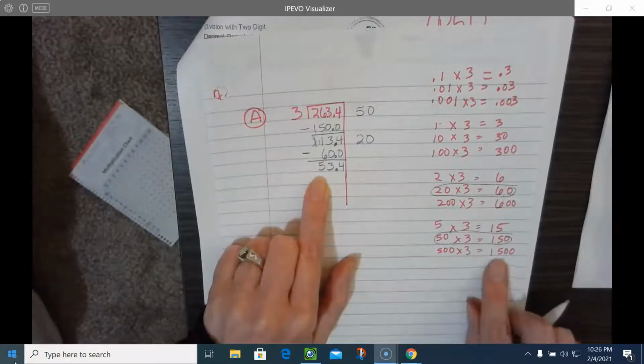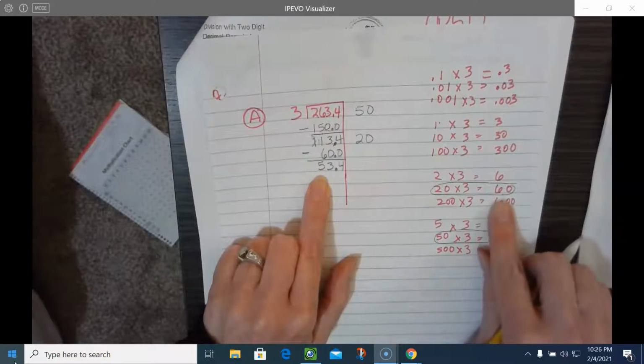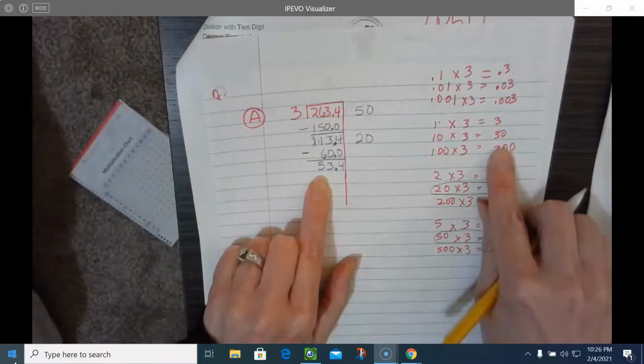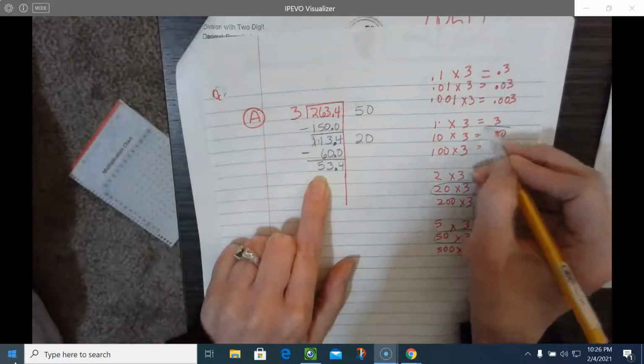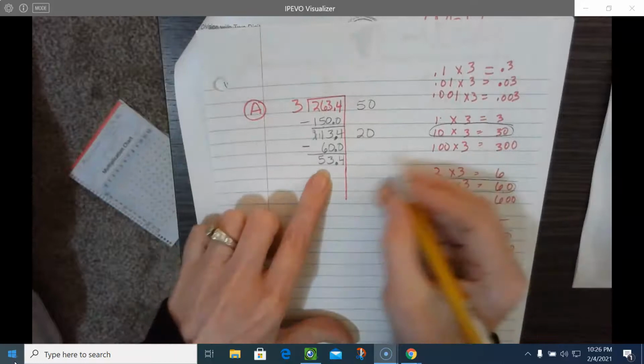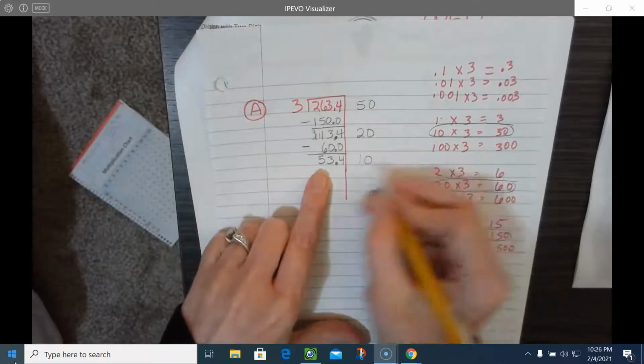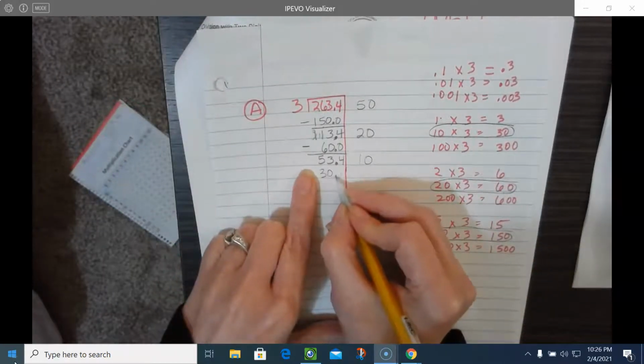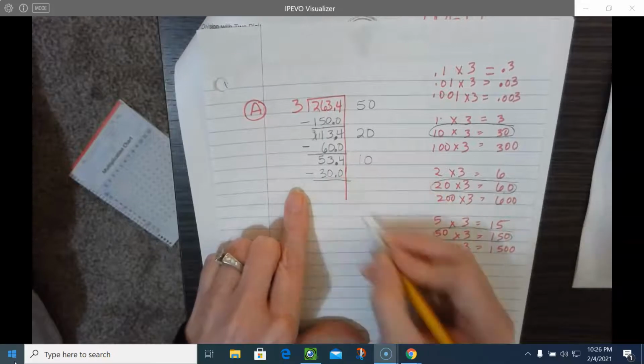I'm looking for a number that's in the tens, that's close to 53 but not going over. That would be this 30 right here. So as I look at that, the 10 would go in the margin, and the 30.0 goes out here.